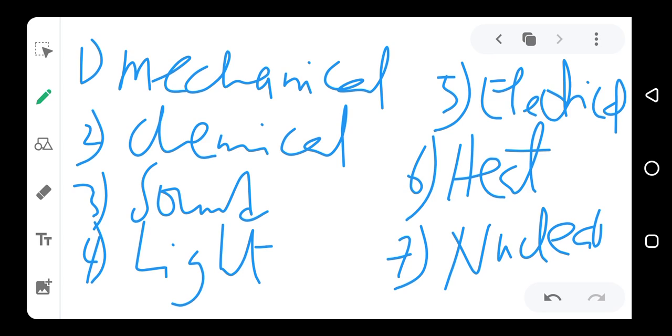Now we also have, after light energy, electrical energy. Electrical energy is the energy that is stored in an electrical conductor. You know an electrical conductor?